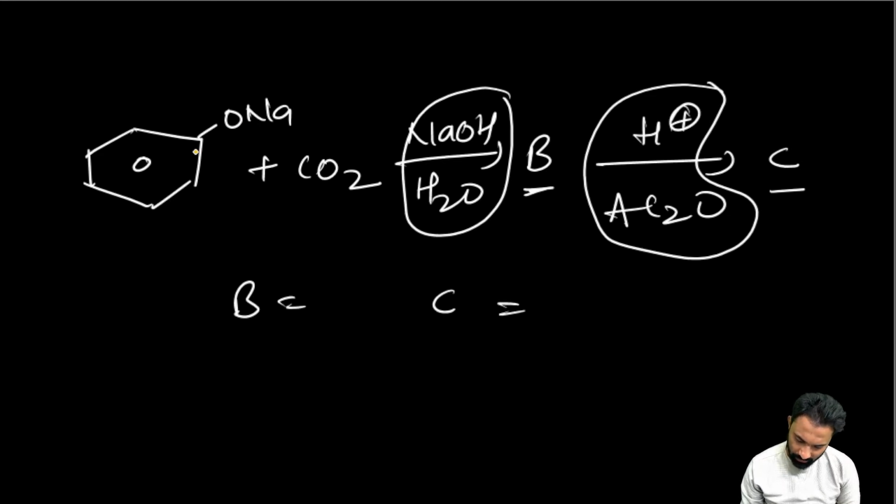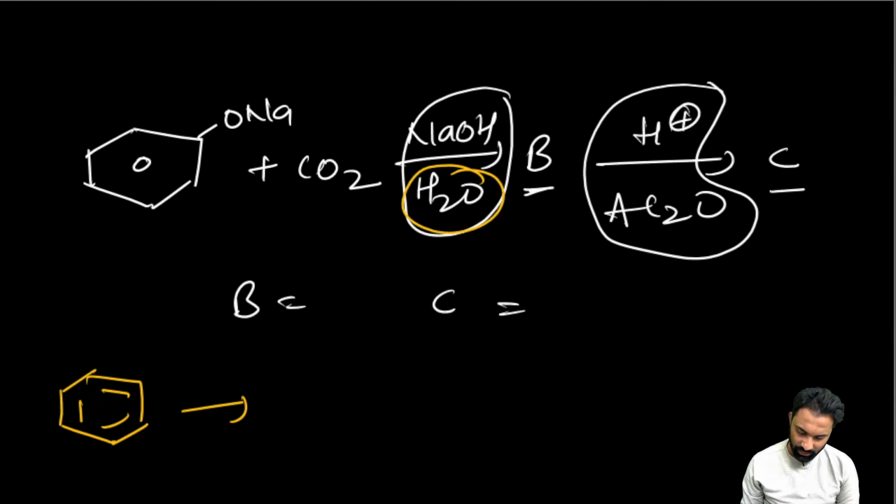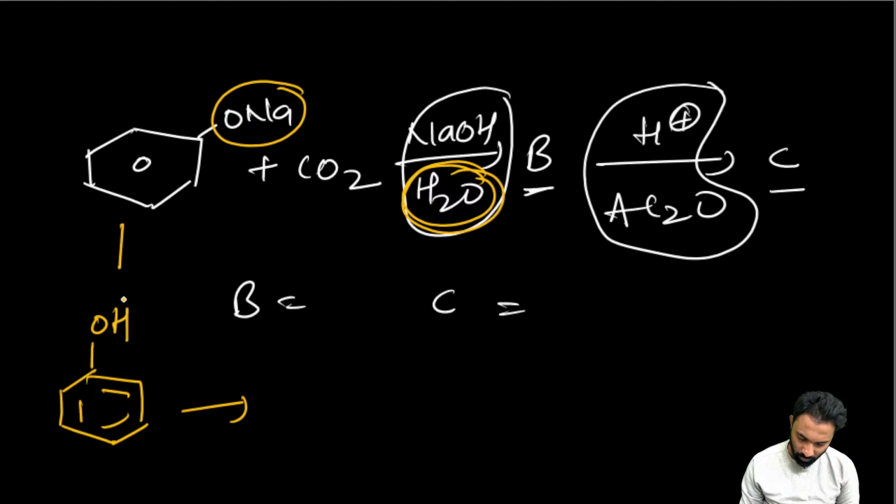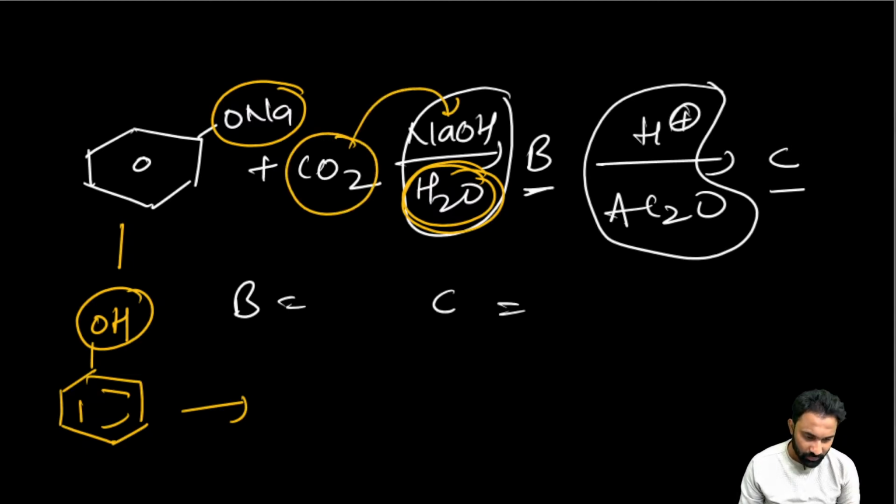Now, listen. In this phenoxide ion solution we have H2O. Due to the H2O, NaOH is eliminated and this becomes phenol. Then they have given CO2 and the base.